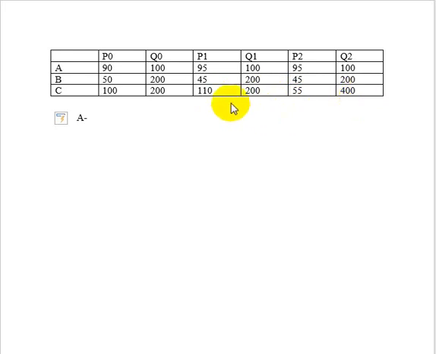One thing to notice when conducting a split: the total value of the common shares will not be affected. What will be affected is the number of shares and the price itself. For example, if we take stock C at period 1, price times quantity is 110 times 200.